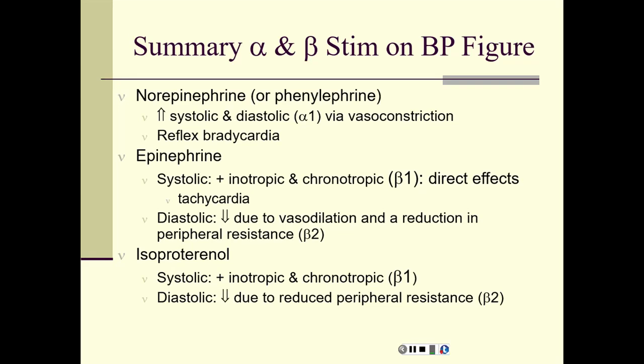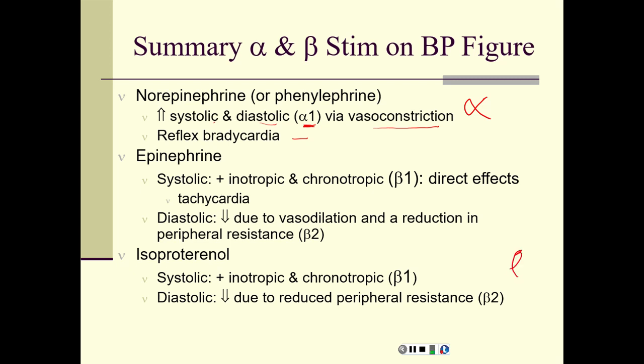So to summarize what we've seen so far, the alpha effect is seen with either a relatively low dose of norepinephrine or a dose of phenylephrine. And what you see is an increase in systolic and diastolic pressure, which is mediated by what we now know are alpha-1 receptors that cause vasoconstriction, and there's an associated reflex bradycardia. The heart slows down because of reflex. Let me skip down here to the pure beta effect with isoproterenol.